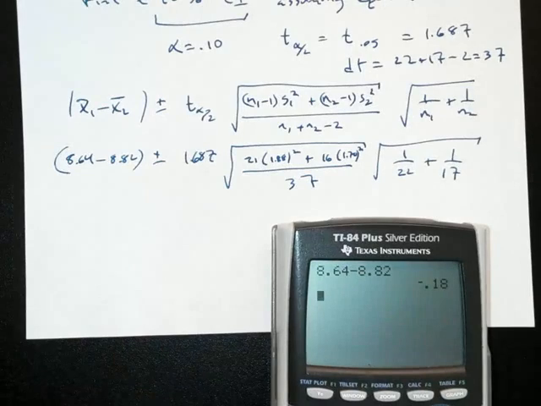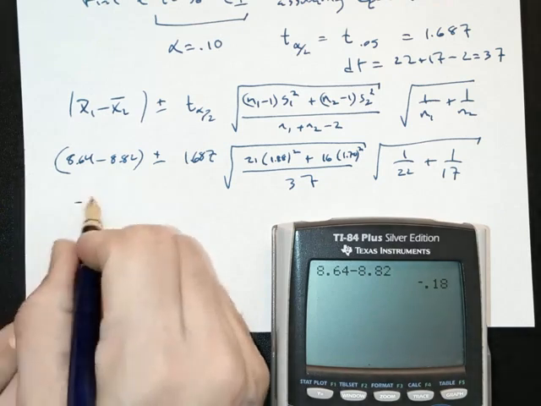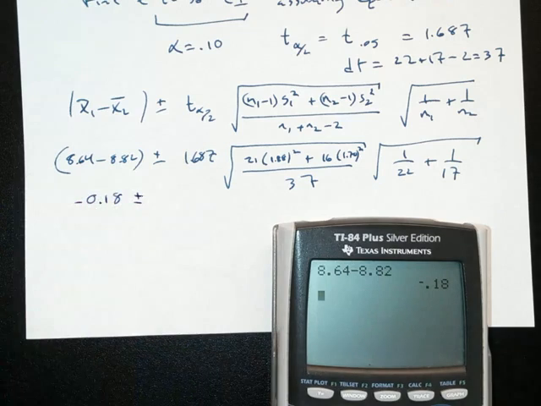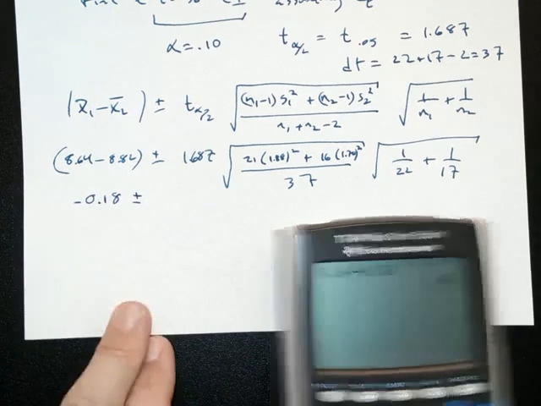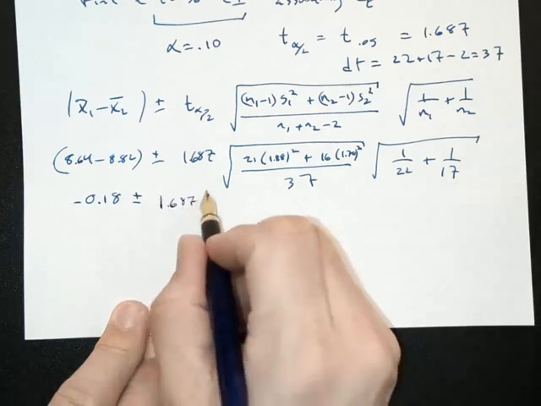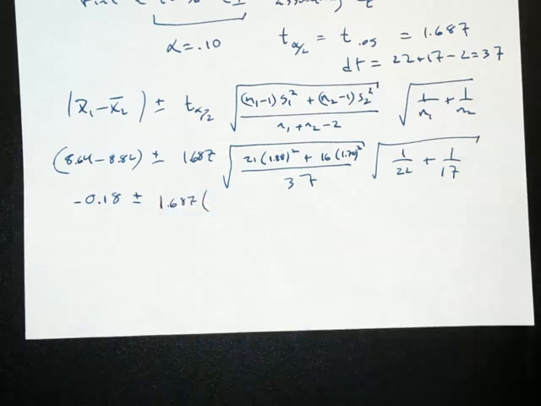The difference in the means is negative 0.18. I'm going to work out each square root separately, and then I'm going to do all of this multiplication together.